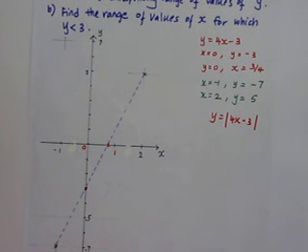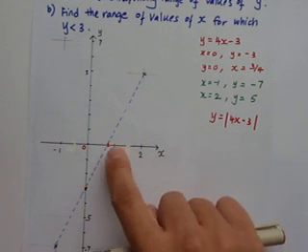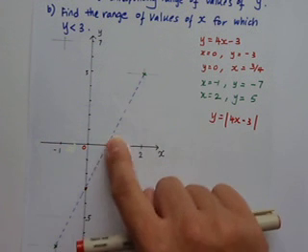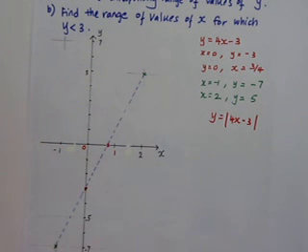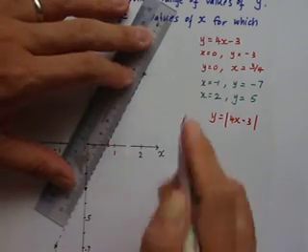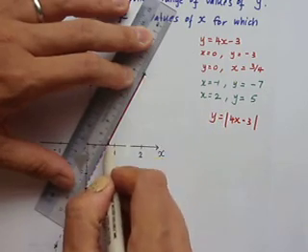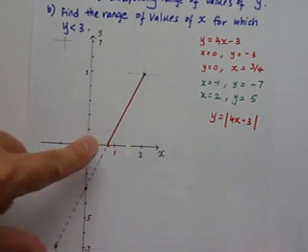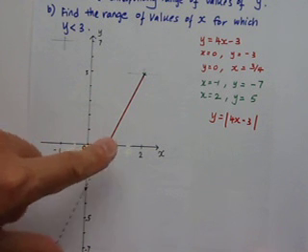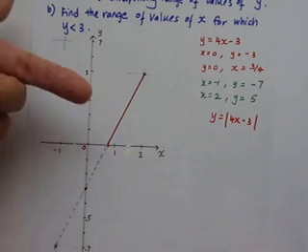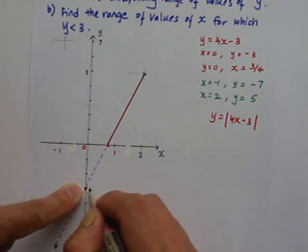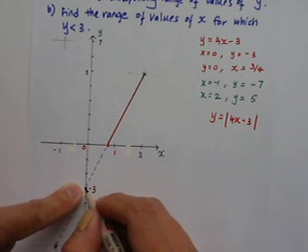As I mentioned in my previous examples, this portion of the graph that is above the x-axis will remain unchanged, whereas this portion that is below the x-axis will be reflected about the x-axis. So the point -3 will be reflected to 3.